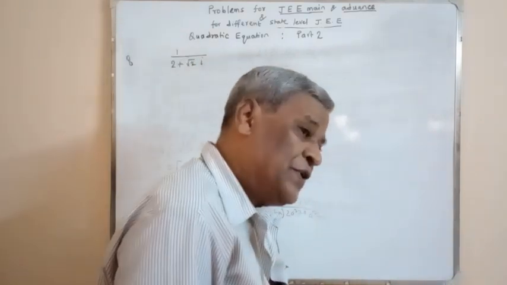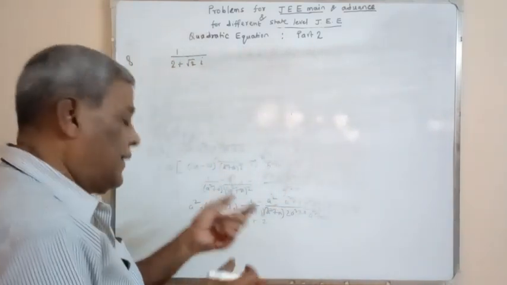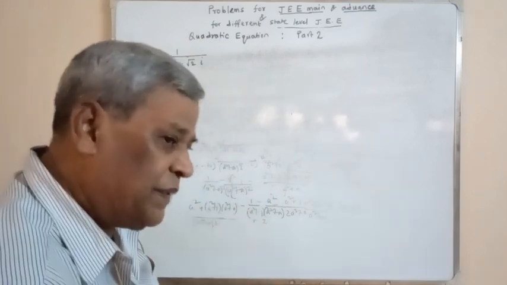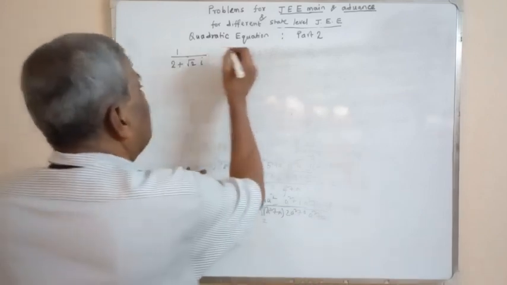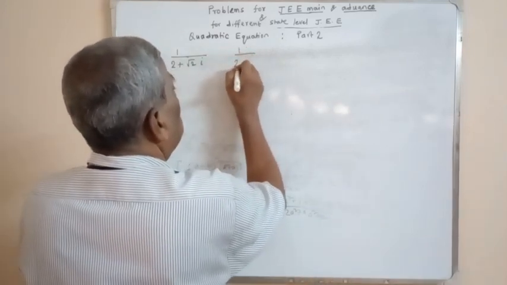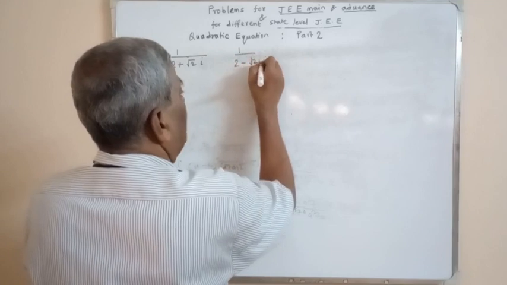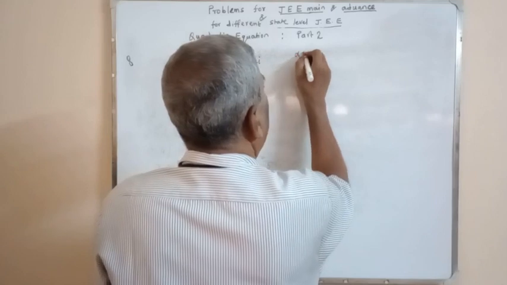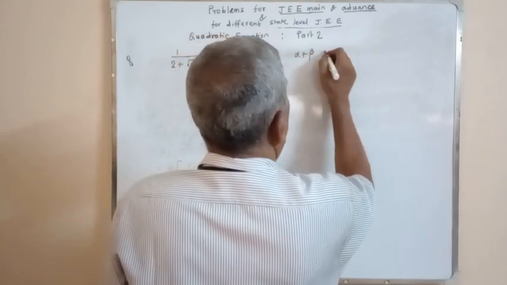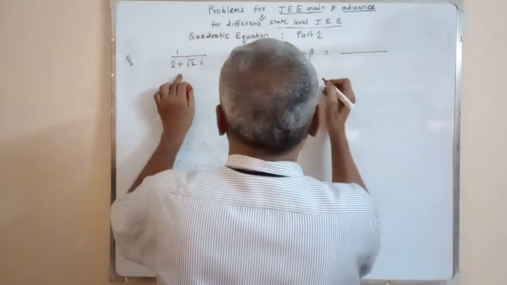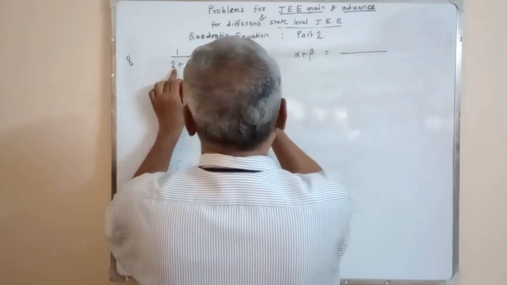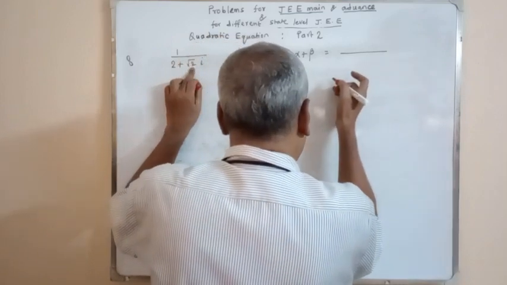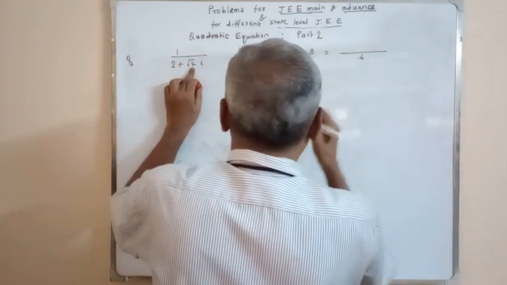As coefficients are real and one root is a complex number, the other root must be its conjugate. That is, the other root is 1 by 2 minus root 2 I. If it is alpha, it is beta. So alpha plus beta would be equal to, their LCM, 4 minus root 2 I square, root 2 square I square, that is 6.